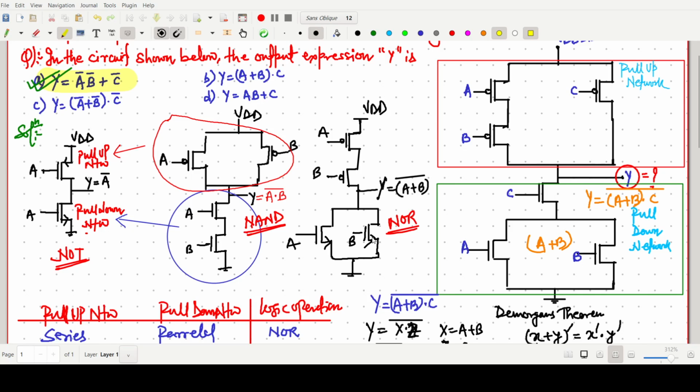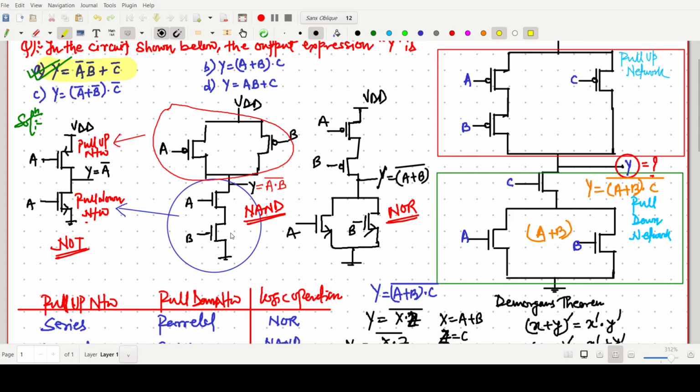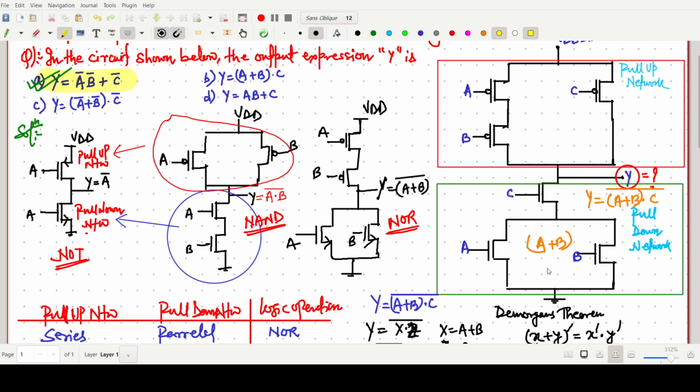If the pull down is in series, the above one will be in parallel. This one is the composite nature.